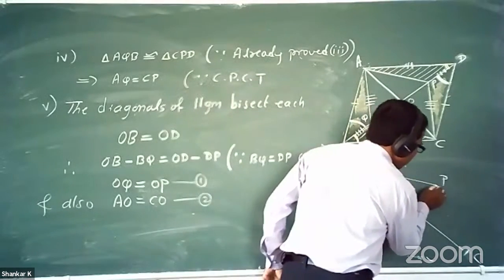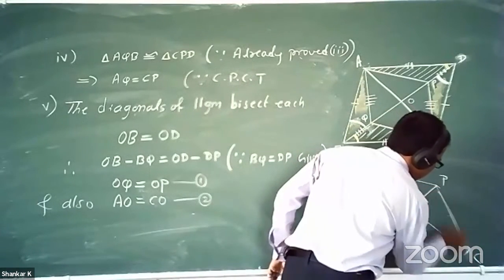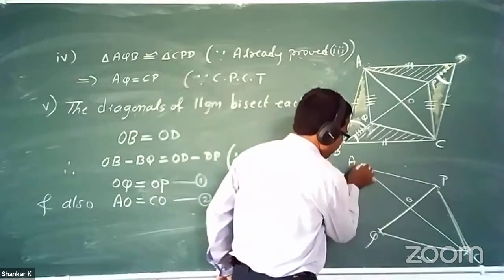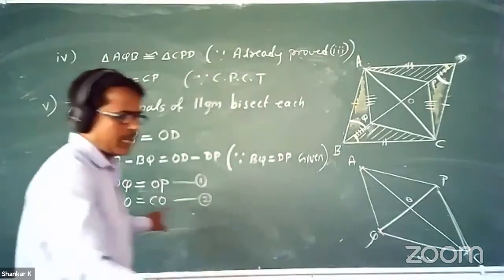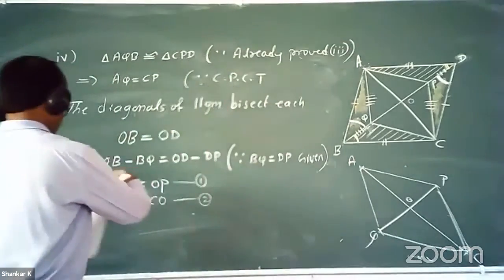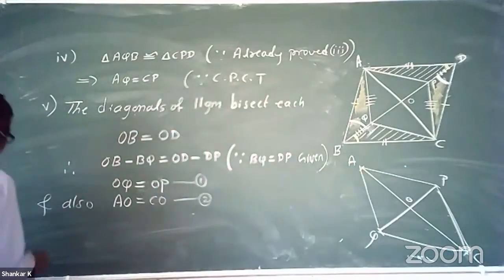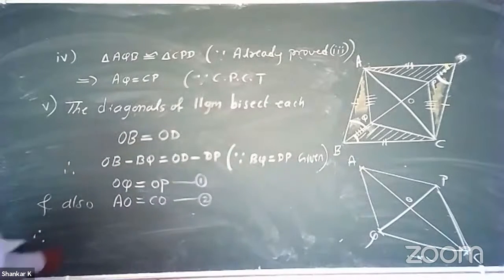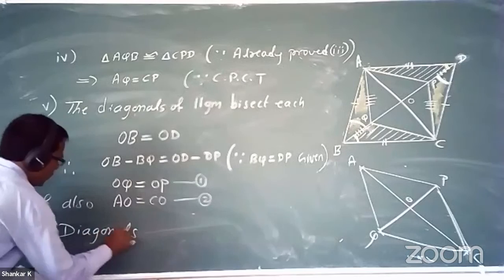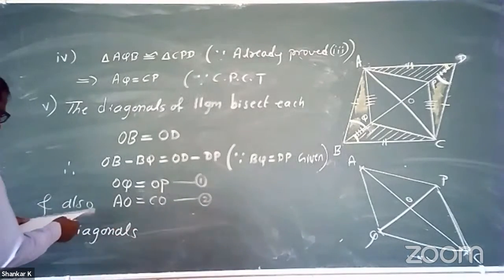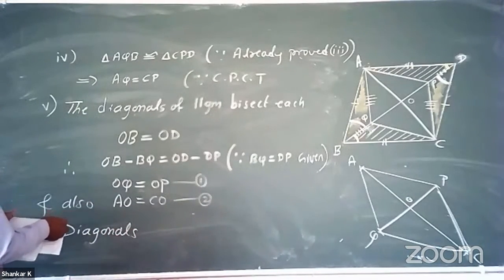That point is also there. You join this, it becomes a parallelogram. Understood? Now what do we have from diagonals bisecting each other? Therefore, the diagonals of a parallelogram bisect each other.